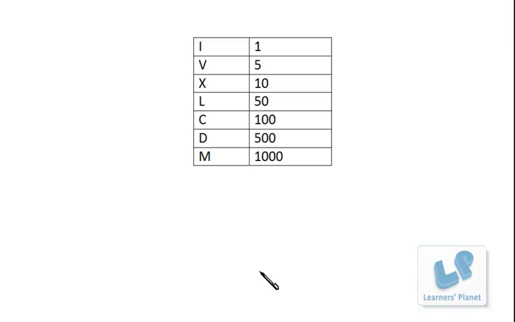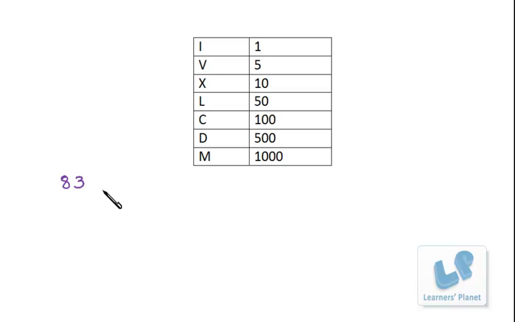Now kids, let's take some more examples. For convenience, I have mentioned the table over here. Now suppose we wish to represent 83 in Roman numerals. I just write 83. Friends, while we are doing these problems, we have to be very clear about the basic rules of Roman numerals.